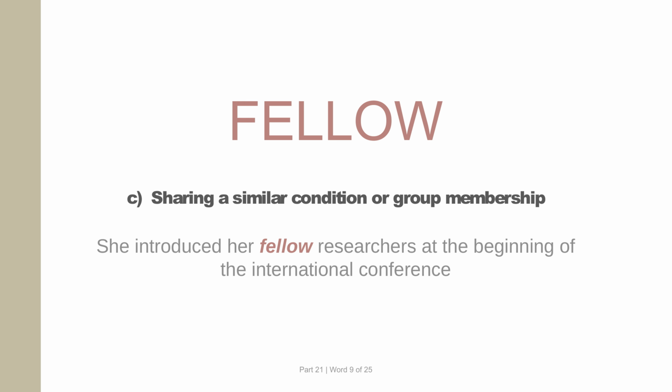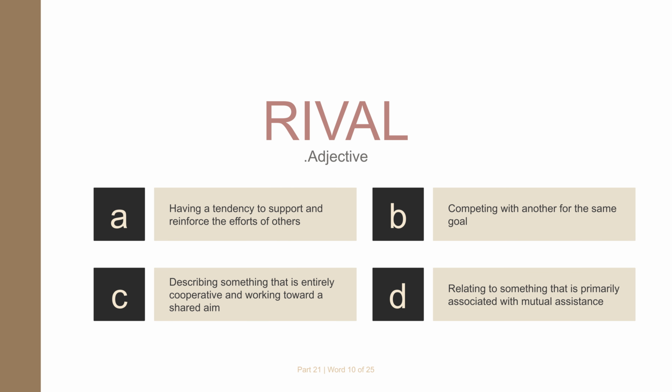Question 10. What is the meaning of rival? Option A. Having a tendency to support and reinforce the efforts of others. Option B. Competing with another for the same goal. Option C. Describing something that is entirely cooperative and working toward a shared aim.